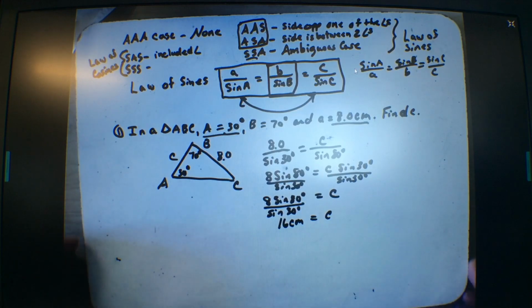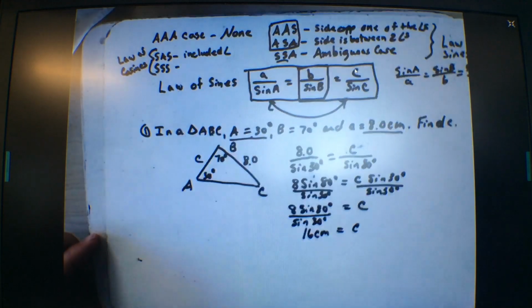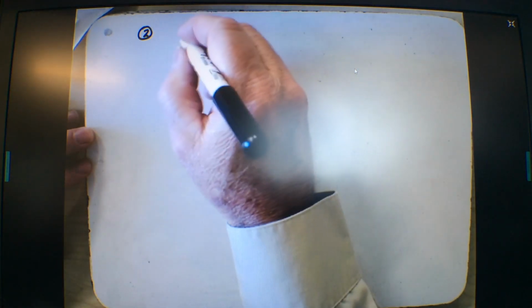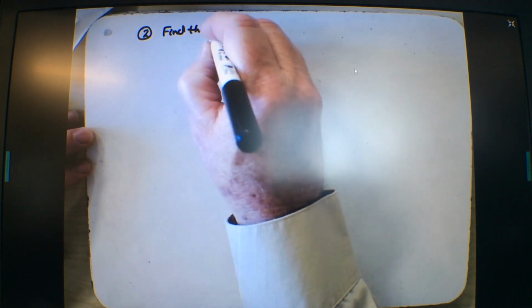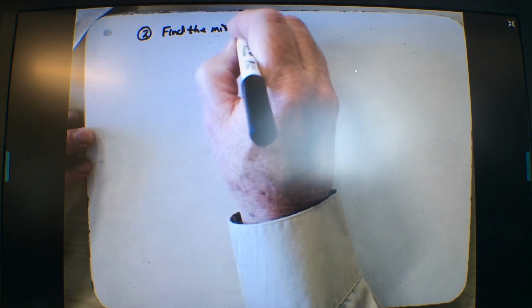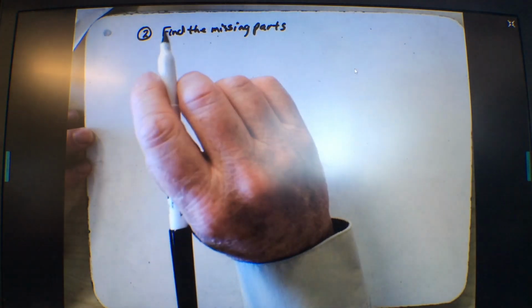All right. Let's take a look at another type of problem. This will be number 2, example 2. It says, find the missing parts. Now that's going to be more than one answer, right?